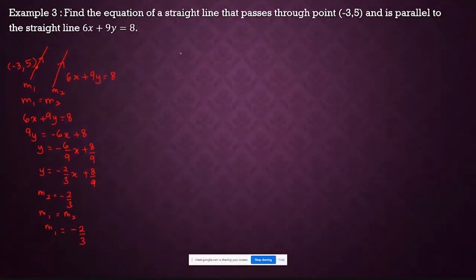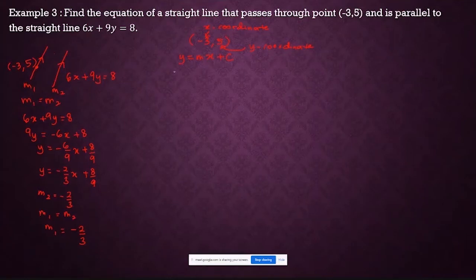For the first line, our general equation for a straight line is y equal to mx plus c. You have information about the coordinates of a point that lies on this line. This is the x coordinate, this is the y coordinate.